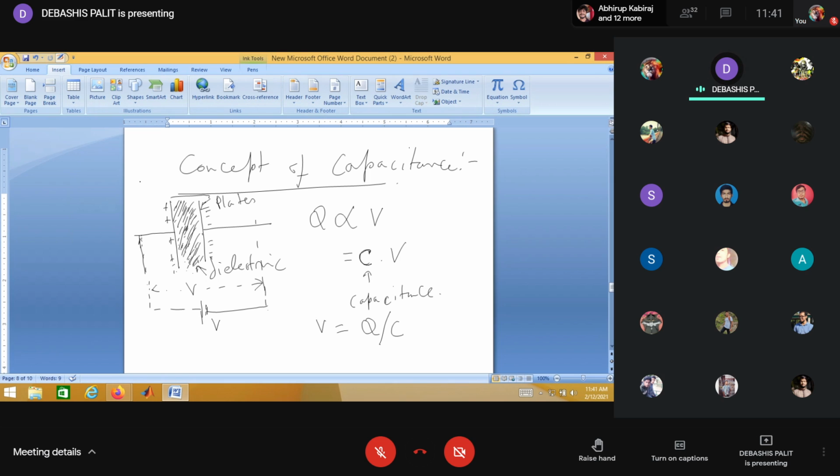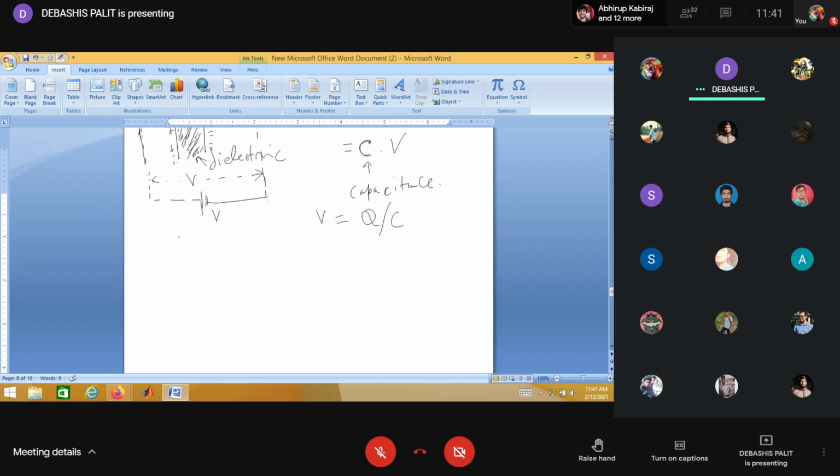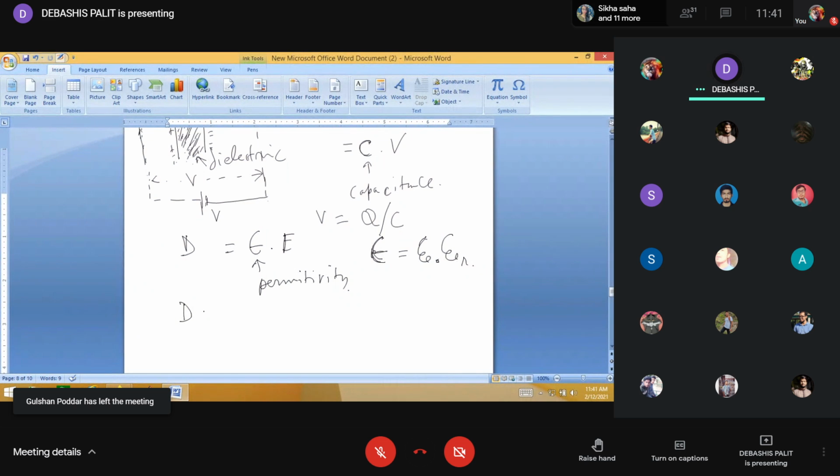Now you know the electric flux density D is equal to epsilon into E, where epsilon is the permittivity. This epsilon is equal to epsilon 0 into epsilon R, the total permittivity. But this D, the electric flux density, you know that electric flux is nothing but the electric charge.